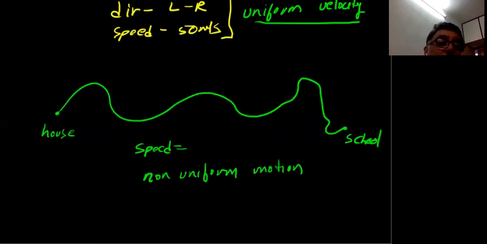Now, if I talk about a small period of time, say from here to here, let's say that the speed of the car in this part is 50 meters per second. From here to here, the speed of the car is 60 meters per second.